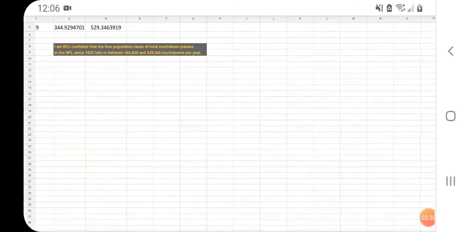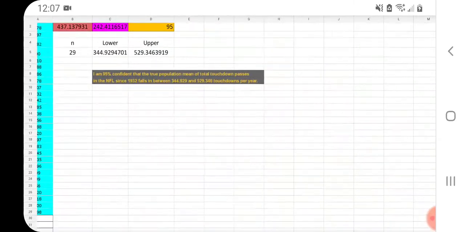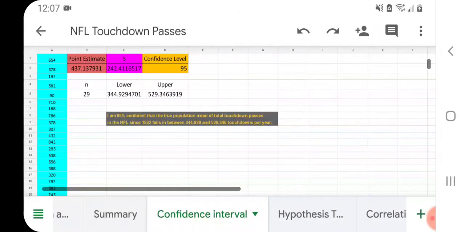Let's go to the confidence interval slide. As you can see on the left, I have the number of touchdowns again. I didn't bother putting the years in; that wasn't really relevant. The point estimate was the mean, which again was 437.137931.